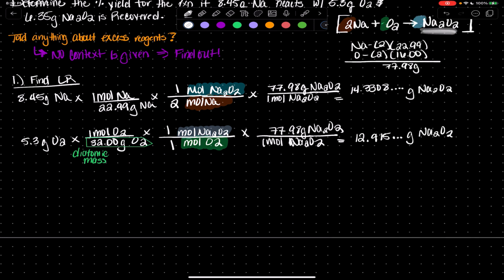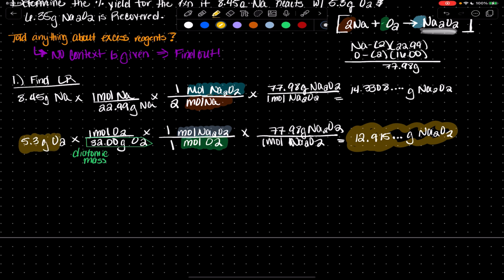Now, what we can do is find the limiting reagent. I have a comparison of 14.33 and change and 12.15 and change. Who is my limiting reagent? Pause the video and work that out for yourself. But indeed, this one is the smallest, so that makes oxygen my limiting reagent.